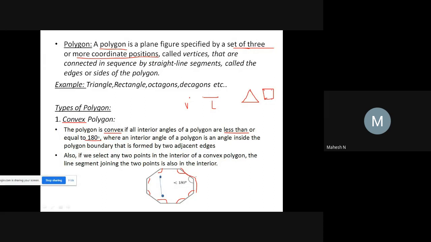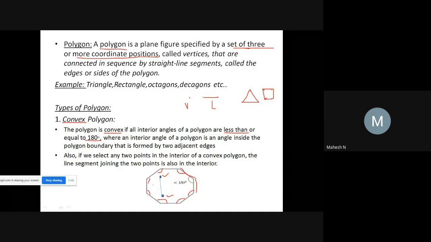This point is very silly, but we will see how it gets violated in a concave polygon. Whenever I have two vertices selected inside the polygon, the line joining those two vertices will also be inside the polygon itself. That is the second property of a convex polygon.